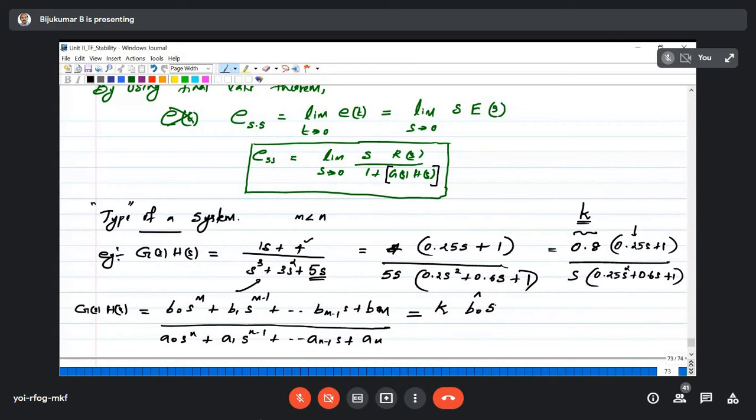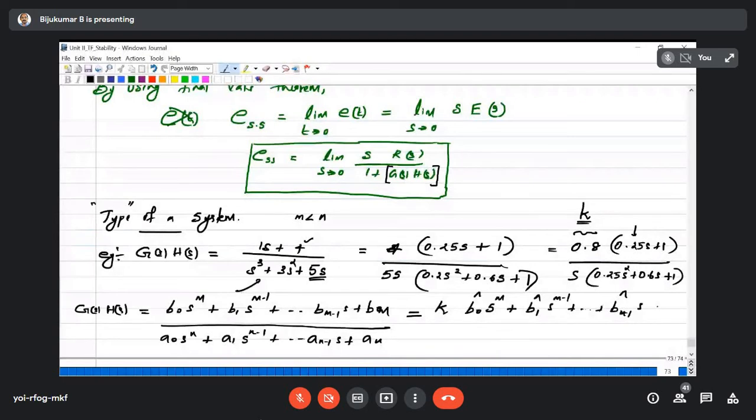Numerator order is not changing, right? Only the coefficients are changing. Plus b1 cap s power m minus 1 plus etc. up to b m minus 1 cap s plus, what about the last one?